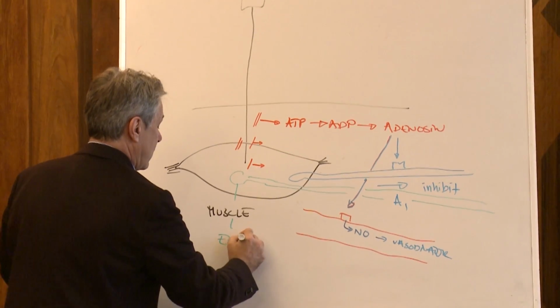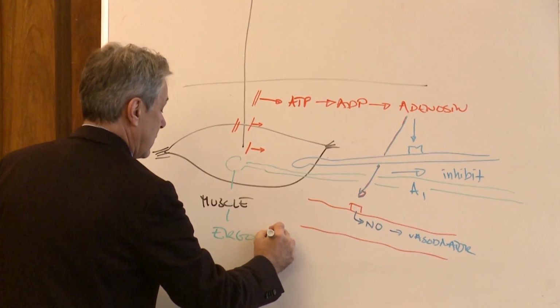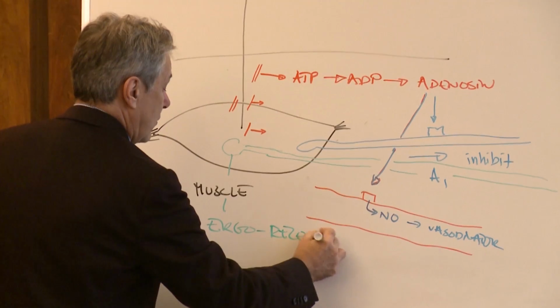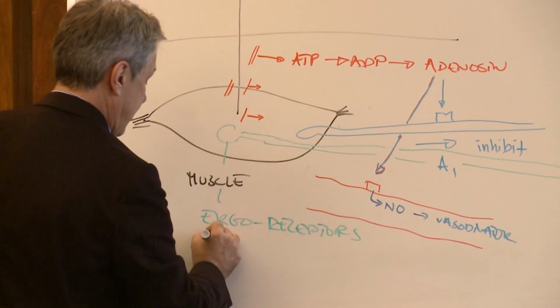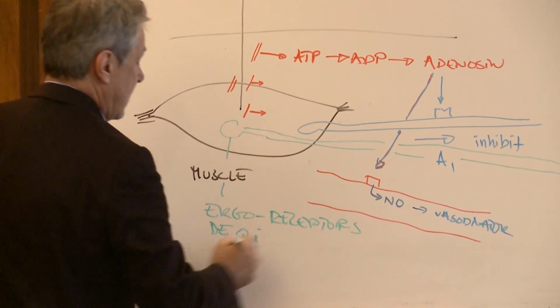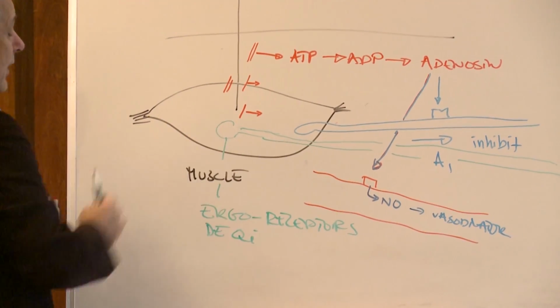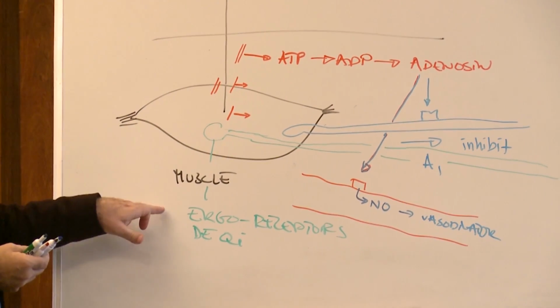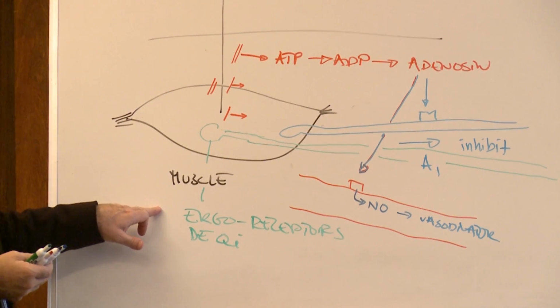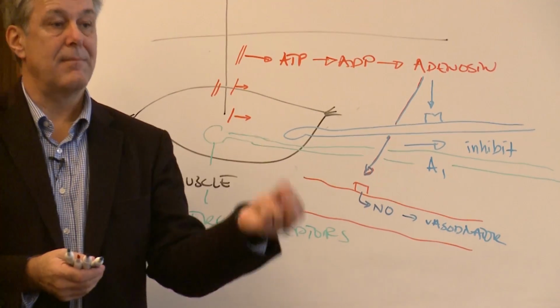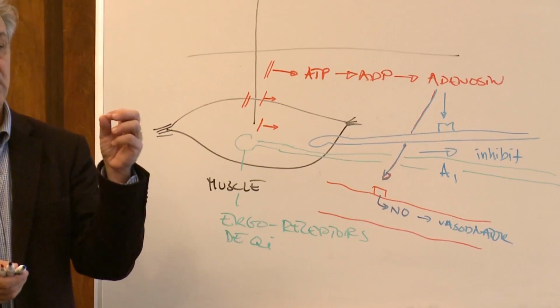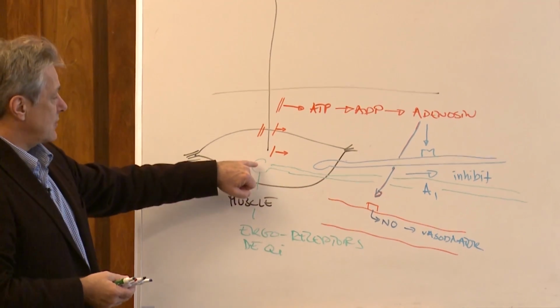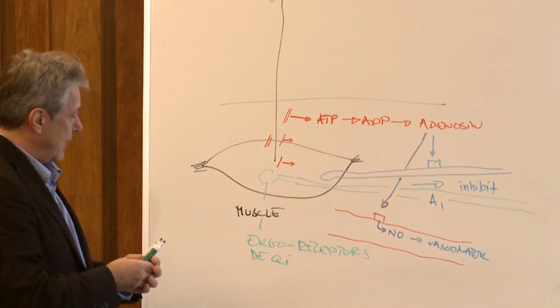So when we do acupuncture, and especially when we are evoking the qi, we are activating a muscle receptor that is found in the muscles, of course. Typical for the ergoreceptors is that they are activated by a strong muscle stimulation. So in other words, when we do de qi, these muscle receptors are activated.